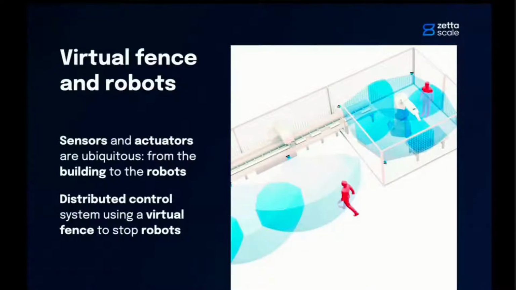For example, a robot should stop because a human entered a given area. And in order to do that, it's really important to have this kind of fusion: to get data from the microcontrollers that are sensing, to distribute data, for example, to the control room, plus, for example, to interact with the robot to issue a safety stop command.